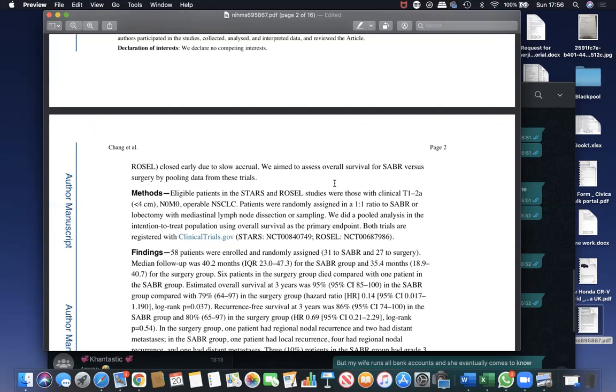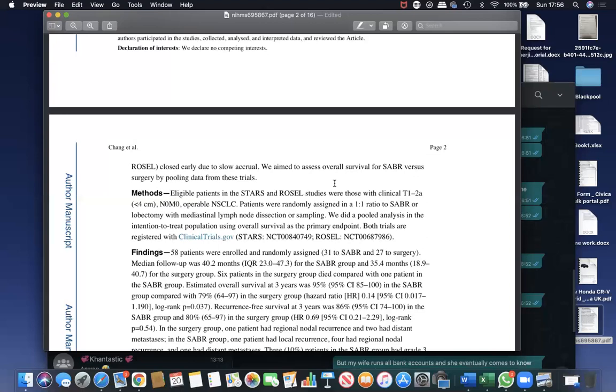Not even better. Even worse. What else would you say? Poorer than this. No. Even worse. What would you say? Surgery is not inferior to radiotherapy. Even worse. What would you say? Hazardous. SBRT has no role in the management of operable lung cancer.